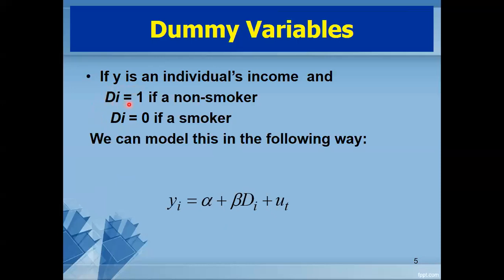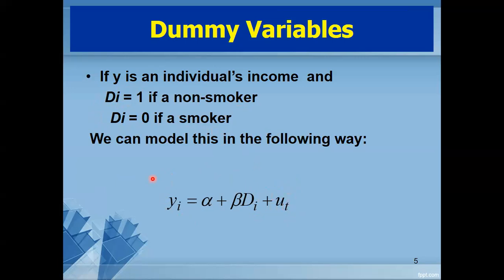This D, the dummy variable, is equal to 1 for non-smokers, and the dummy variable is 0 for smokers, because I have previously mentioned that this dummy variable is known as the binary variable, 1 and 0. As usual, this u is the error term.